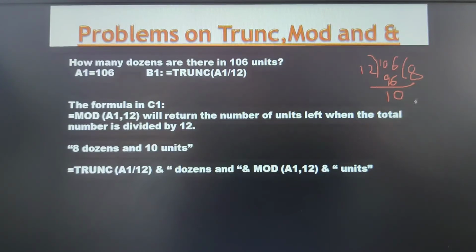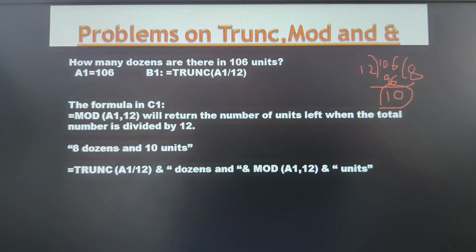Now what should I do to get that value as 10, the remainder? To get this remainder, I should use the MOD. So you can club more than one inbuilt function in order to solve the given problem. MOD will return the number of units left out when the total number is divided by 12. When you perform this modulus operation, I get the remainder as 10.